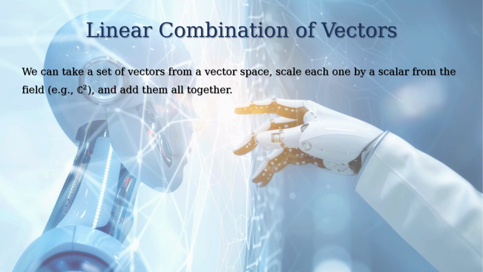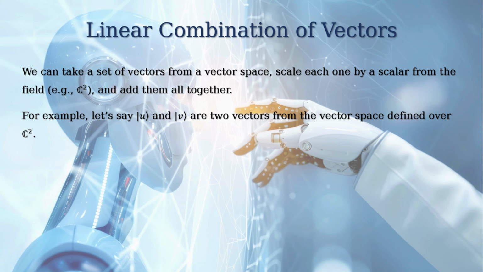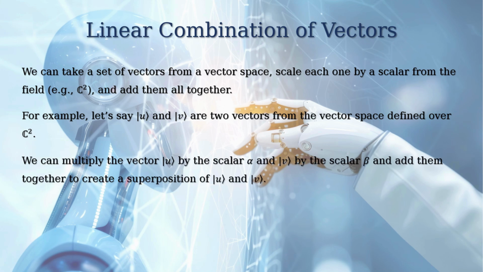We can take a set of vectors from a vector space, scale each one by a scalar and add them all together. For example, let's say K2 and Kv are two vectors from the vector space.